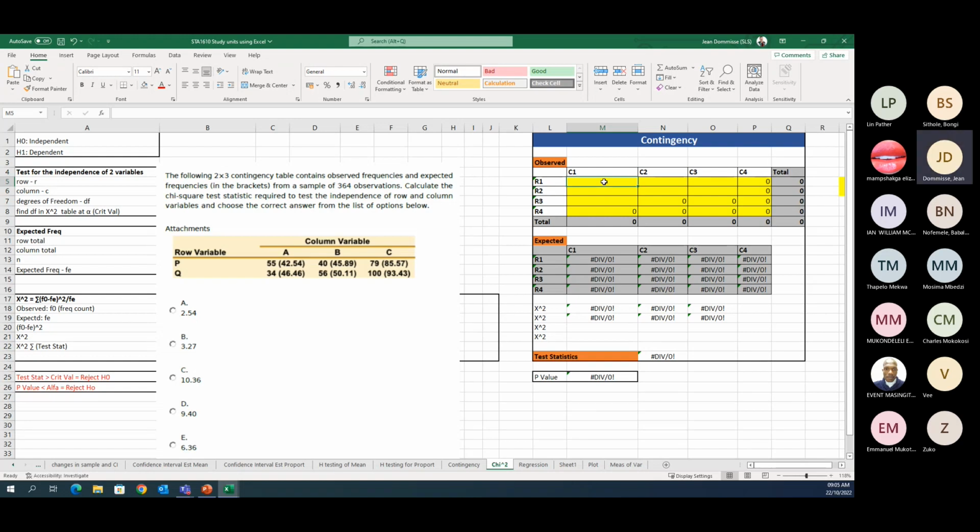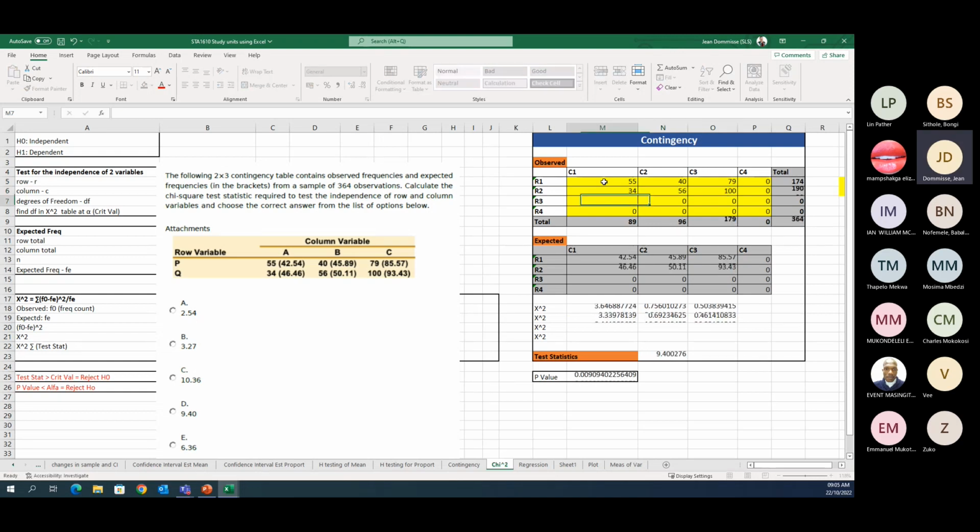Okay, so put in 55 is the first one. 40 was the next one. 79. 34. 56 and 100.